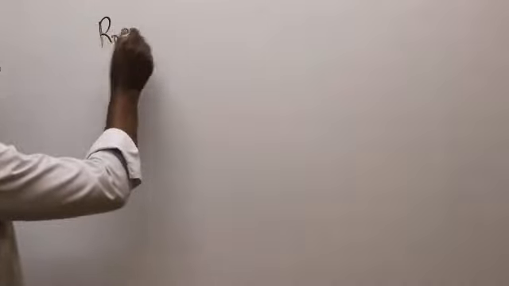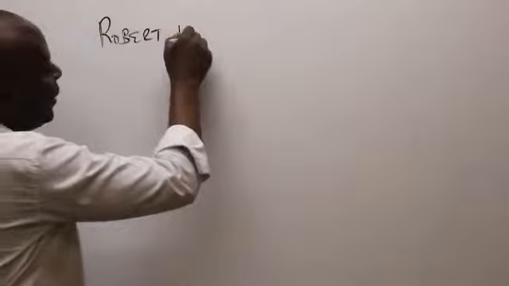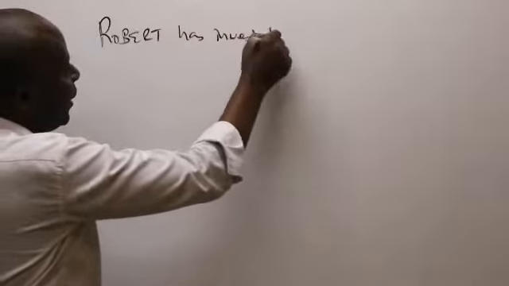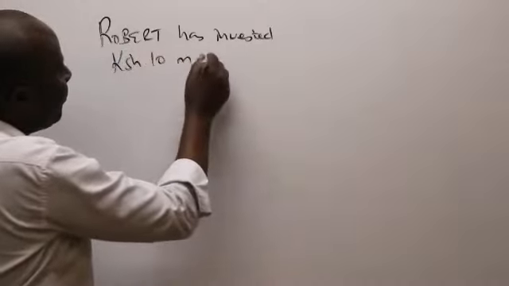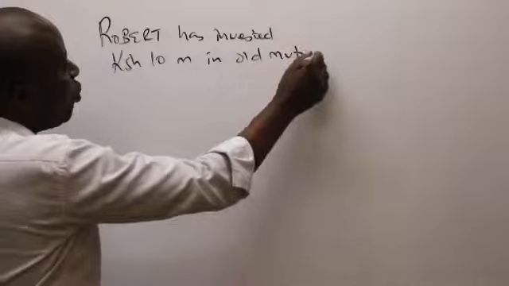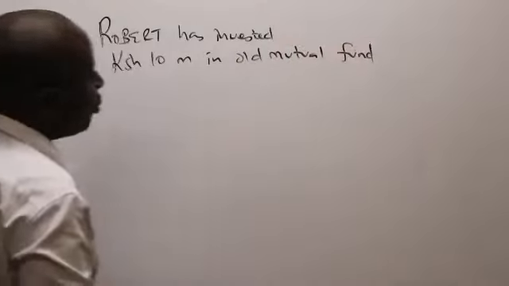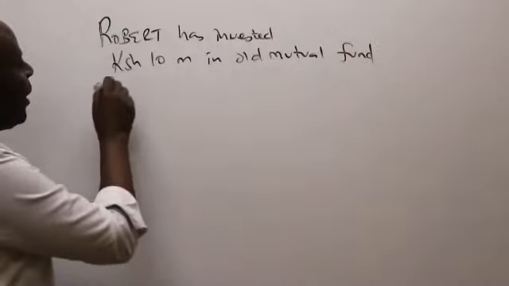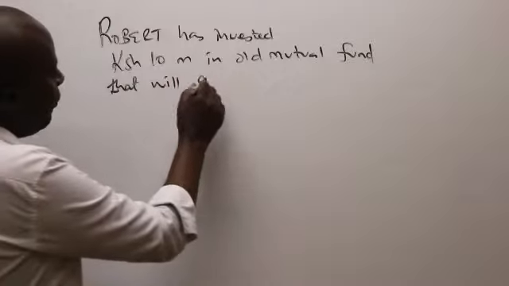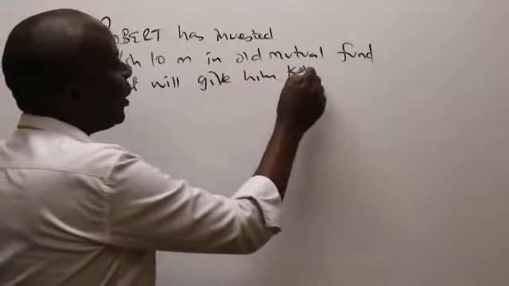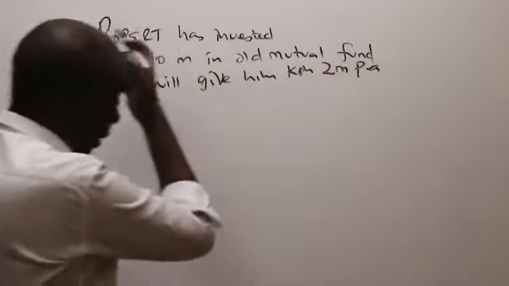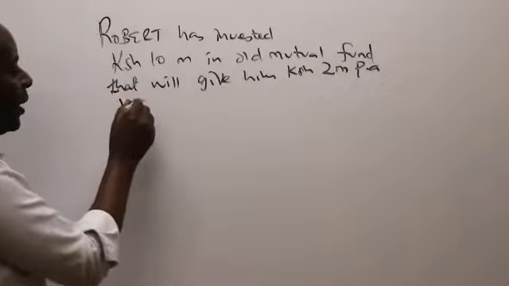Great. So, ladies and gentlemen, here we are. What if in this case you are given this kind of a question: Robert has invested Kenya shillings 10 million in an Old Mutual fund that will give him Kenya shillings 2 million per annum, indefinitely.